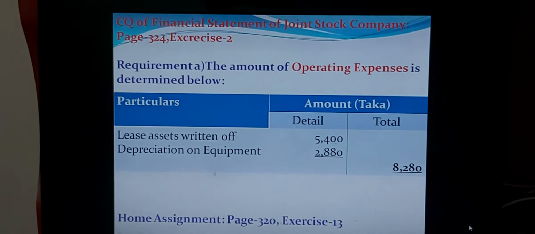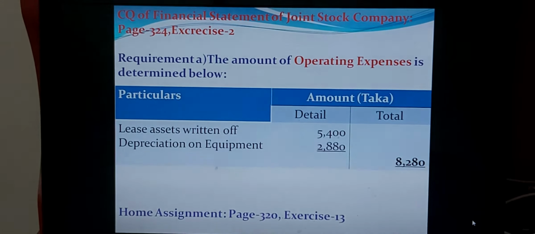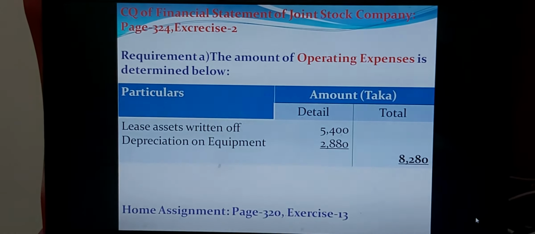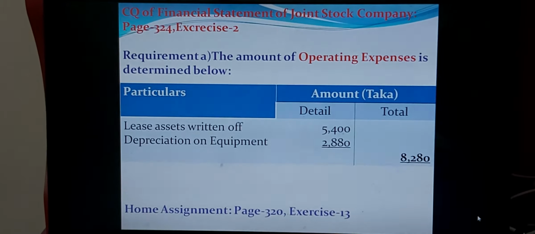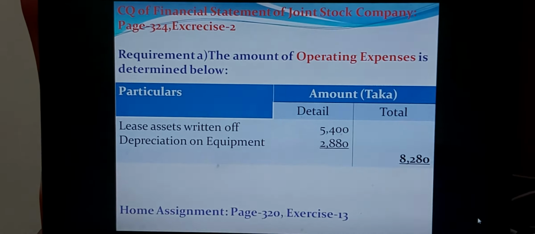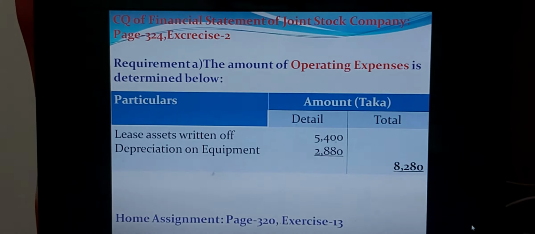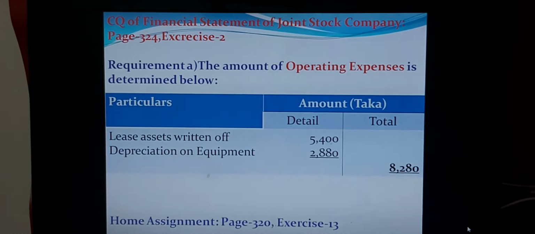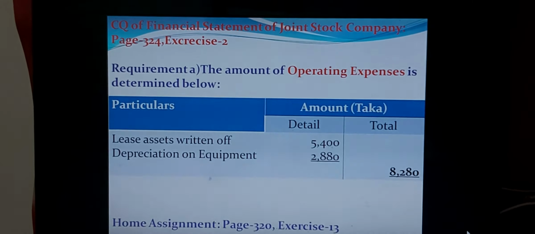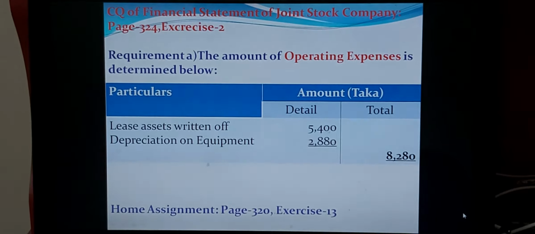But in adjustment, 2 adjustments are related to temporary accounts, that is the operating expenses. For requirement A, it can be said that in trial balance, all items or all accounts are related to permanent accounts, that is asset and liability.